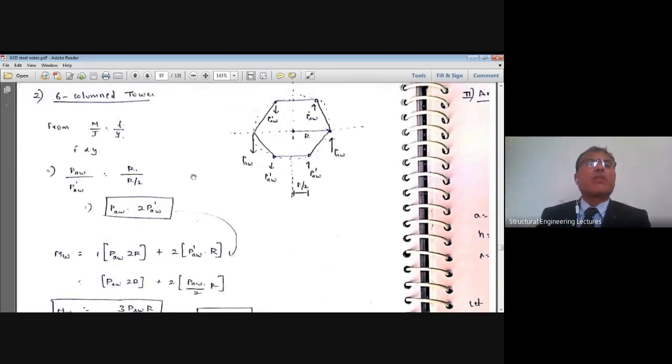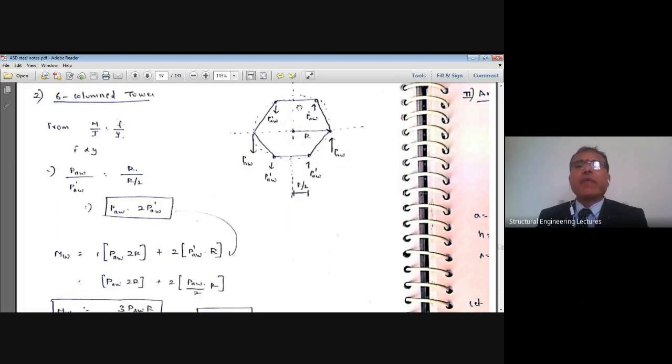If I do have 6 columns in the tower, then if wind is blowing touching the diagonals, in the previous case you have seen normal, now it is touching the diagonals. Hence these are the two exposed surfaces for the windward side. Then you already know from strength of materials that M by I is equal to F by Y. Then the stress is directly proportional to the fiber distance under bending.